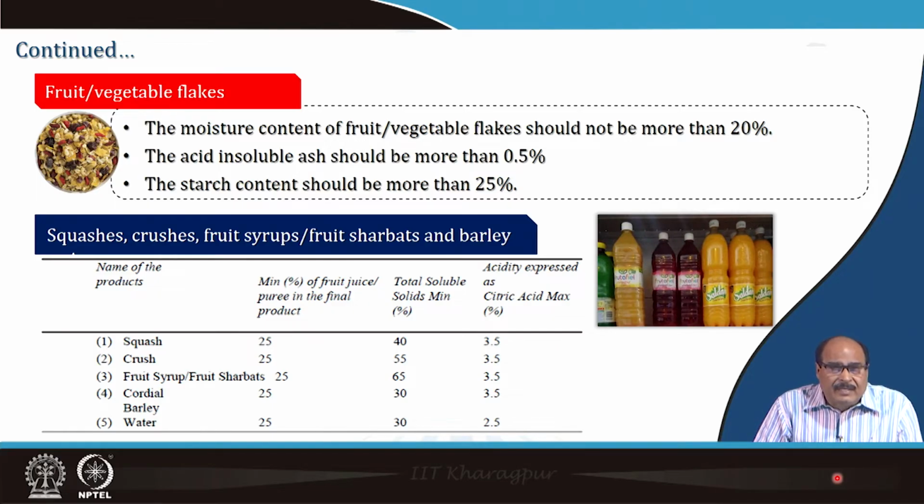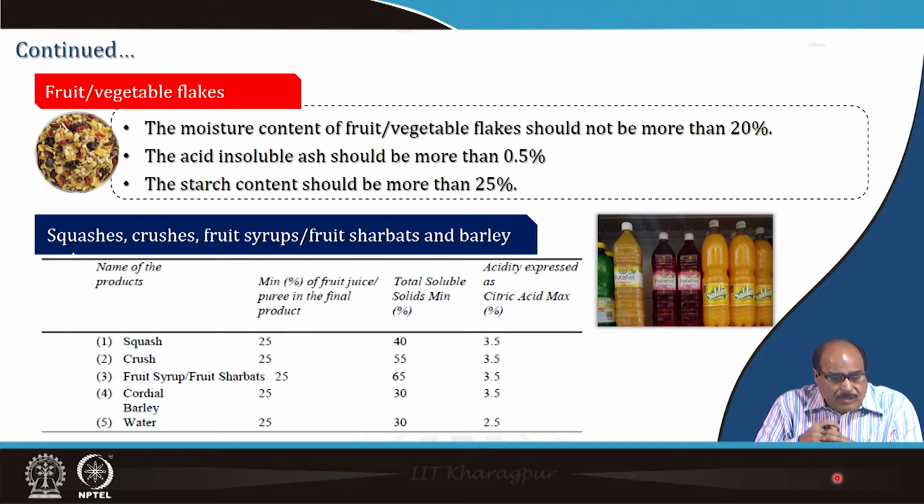Similarly, for squashes, crushes, fruit syrups, fruit sarbat and barley etc., the minimum percentage of fruit juice or puree of the final product, as well as total soluble solids minimum, or acidity expressed as citric acid, that is the maximum, is given in this table.